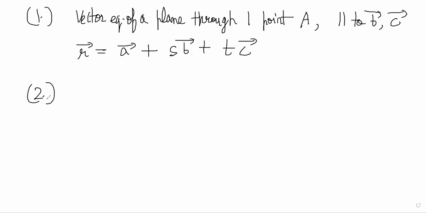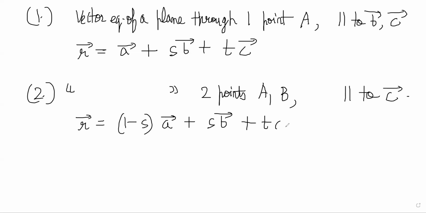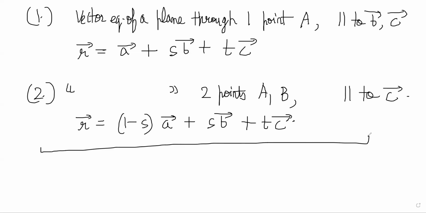And the second form we saw was vector equation of a plane through 2 points A and B parallel to vector C. In this case, I got the equation as R is equal to 1 minus S A plus SB plus TC, right? So both are coming from the same idea of getting three vectors which are coplanar, right?